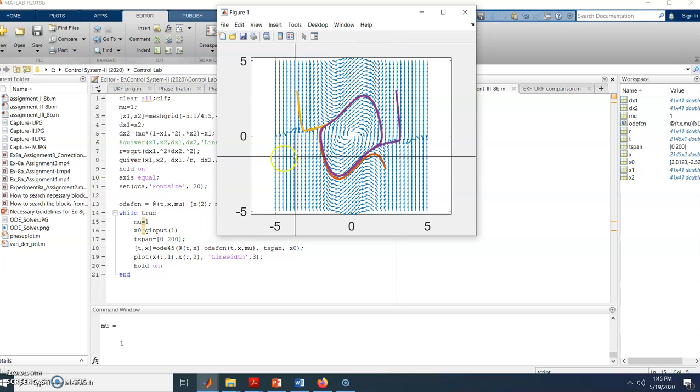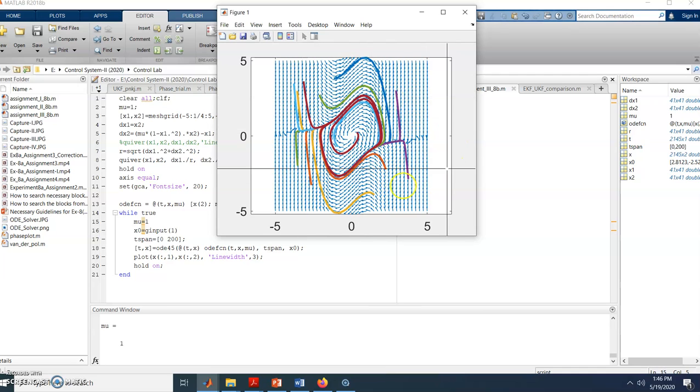So the third one, the fourth one, inside. I hope you found it most interesting to observe this limit cycle for the van der Pol equation.